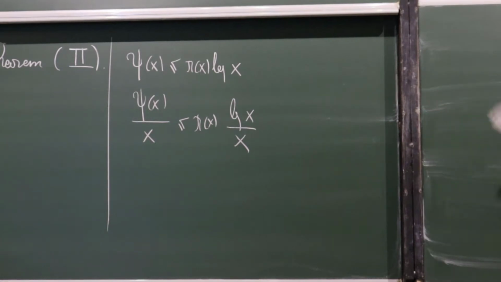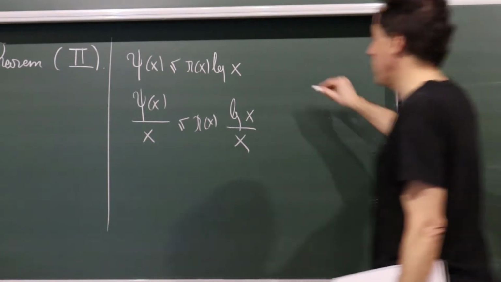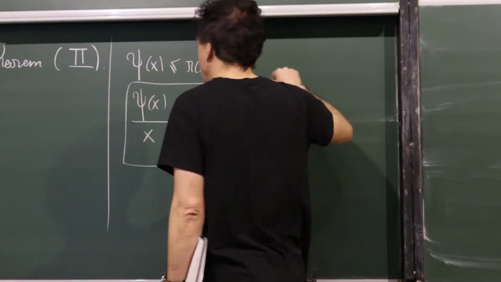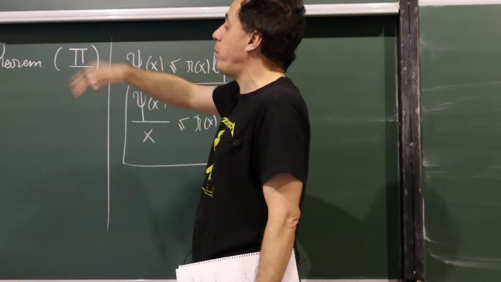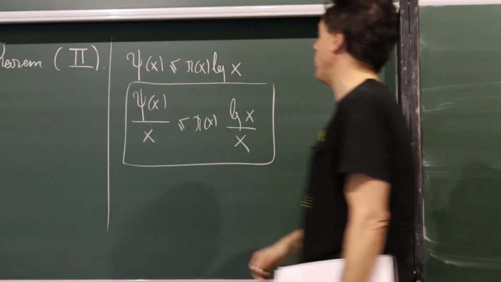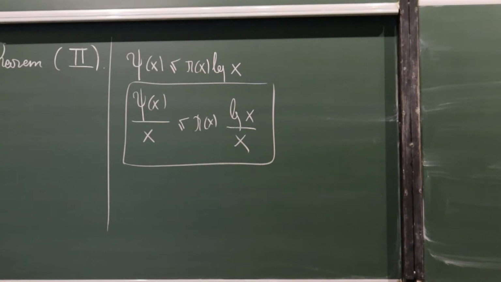We keep in mind this inequality. We are going to show that the superior and inferior limits of these two functions are the same at the end, so they are equal and equal to 1.